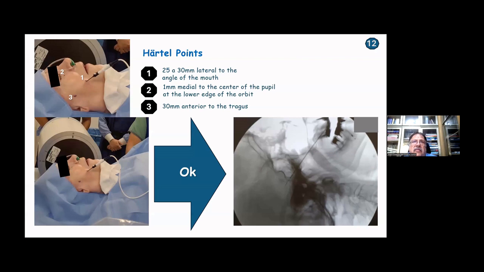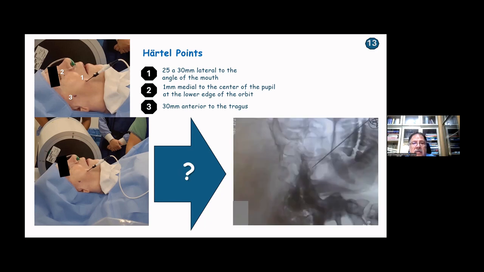For many years, neurosurgeons around the world were able to perform procedures by approaching the oval foramen only with the variable assistance of Hartel points. In effect, some foramina are particularly difficult to puncture.